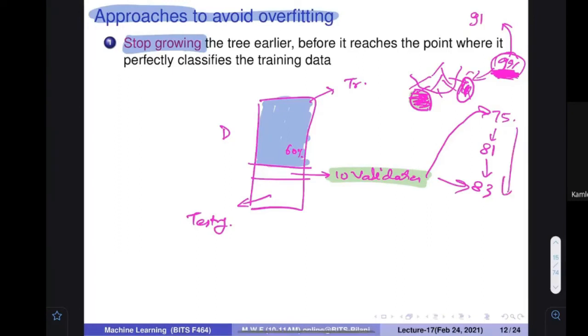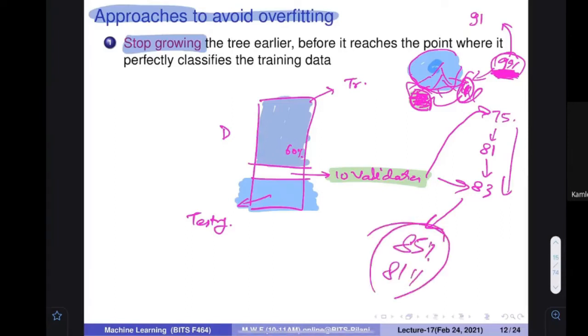So if you can cut some of the portions, the remaining portion of this tree is going to serve as your learned model. Makes sense? And now you are going to use it on the testing and tell me what the accuracy is. On the testing data, the accuracy could be maybe lower, maybe 85% or 81%. Anything could be possible.